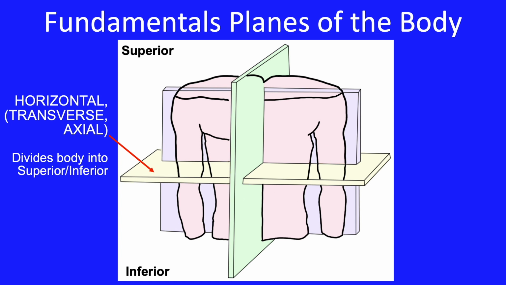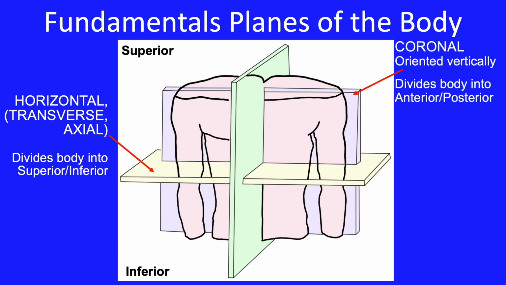However, do not think that the plane is static. It is not. Depending on where you image the plane, a particular structure can be said to be superior or inferior to another. Next, we have the coronal plane. The term derives from slicing a crown that sits on top of the head in an anterior to posterior direction.